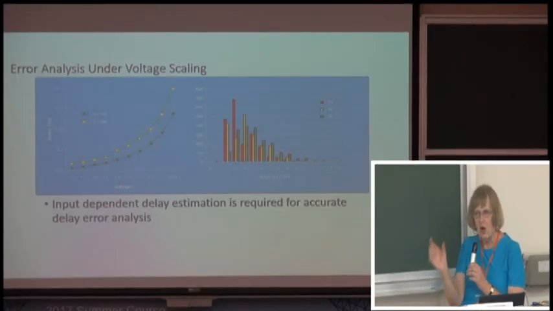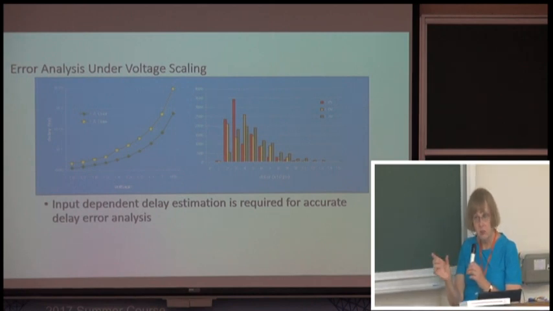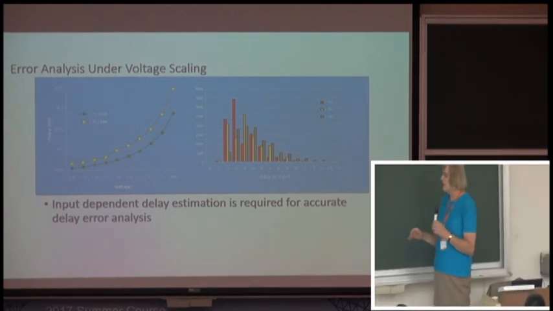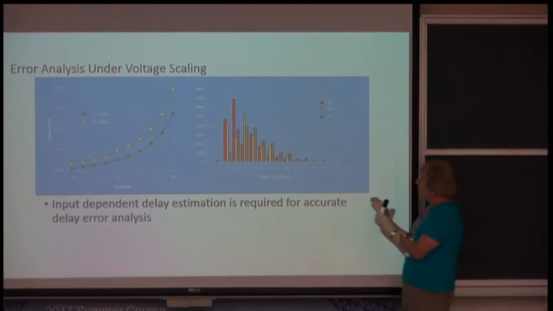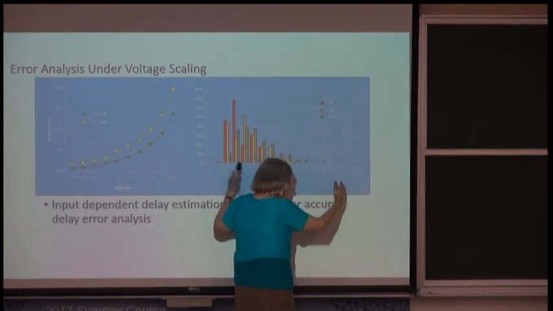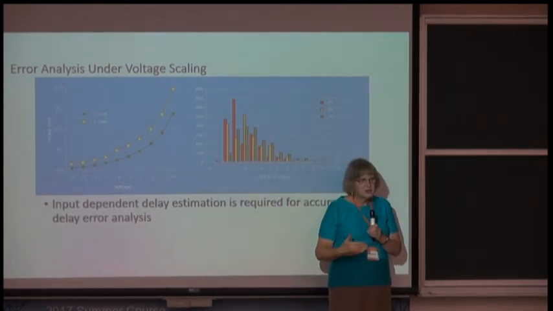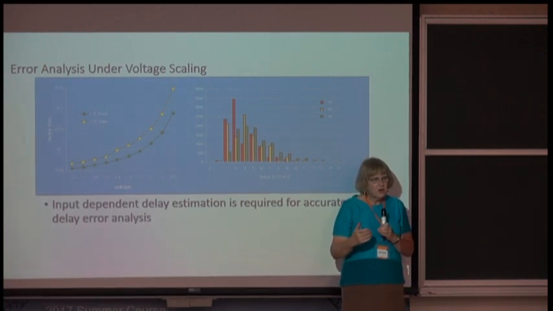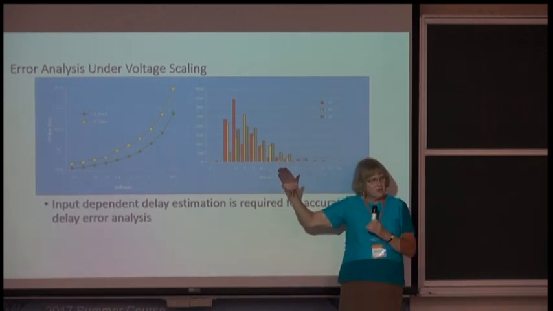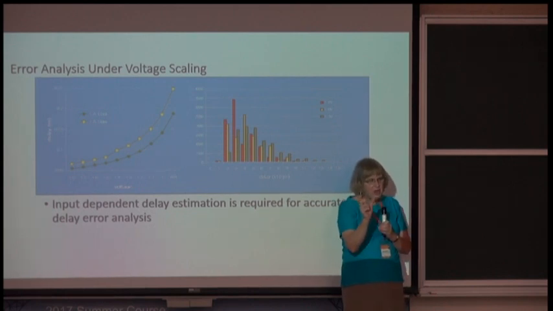In standard logic design, right, we assume we're going to wait long enough that we're going to wait longer than the worst case delay, right? So that we never have an error, unless there's something else going on, right? That's not what we do here, because as we lower the power supply voltage, the variation in delays increases, right? So if you're operating at a high power supply voltage, the difference between the best case delay and the worst case delay for the adder is smaller.